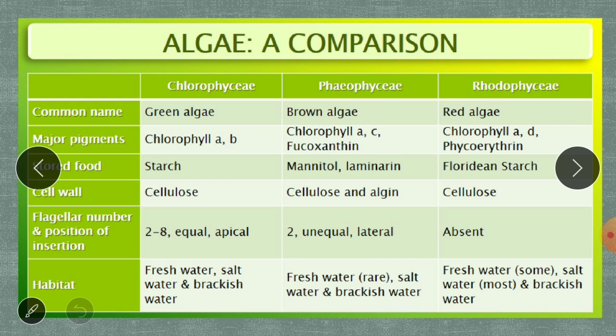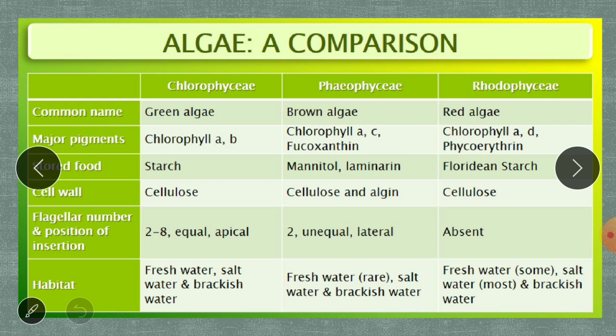Apart from that, one more question can also be asked, saying name the food storage body in Rhodophyceae. The answer has to be floridean starch. Name the pigment present which gives red color to the red algae. The answer should be phycoerythrin.